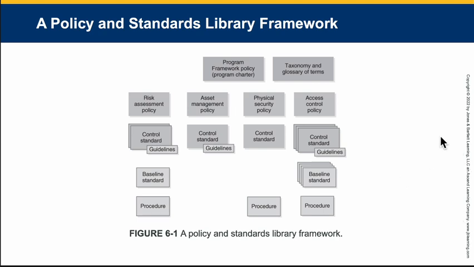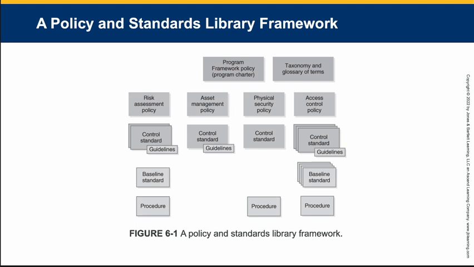The third level we have the guidelines, which is the control standard. Fourth is the baseline, and last is the procedure. This is basically how a general organization security system or framework will look like.